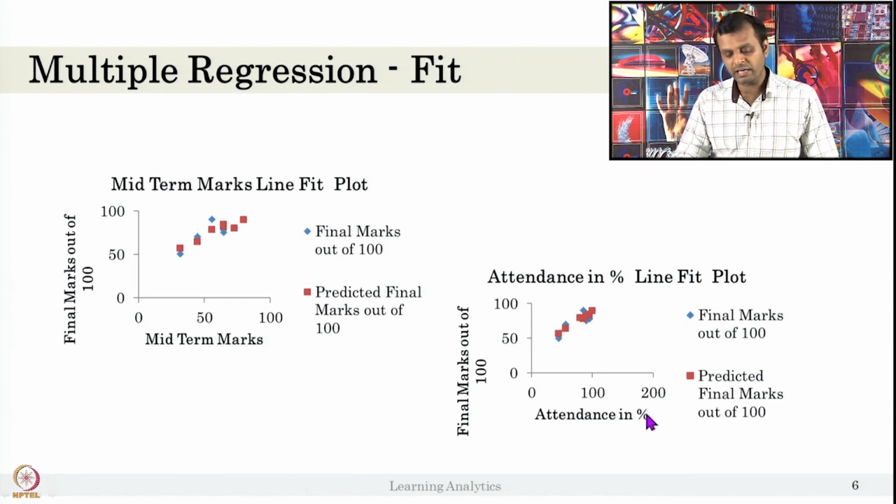If you consider only the attendance, the fit is again good, it is not very bad. So, individually each variable is doing good, and we have seen that this variable has high correlation. We discussed that in one of our correlation matrix videos. So, these two variables are correlated and they also fit best with the final marks out of 100.